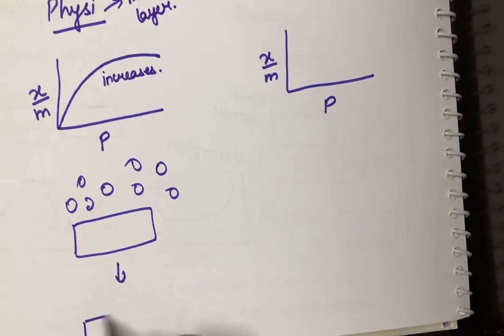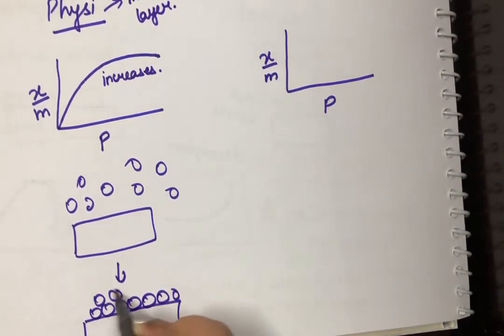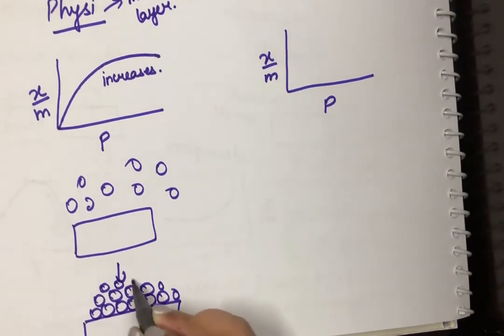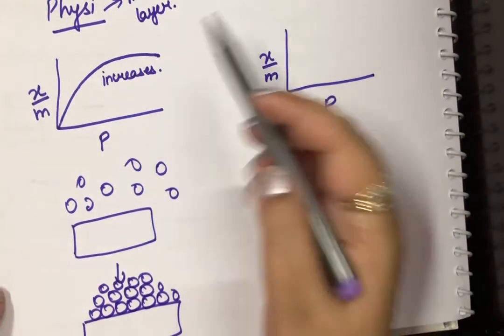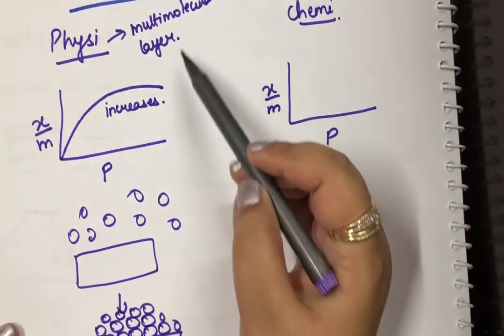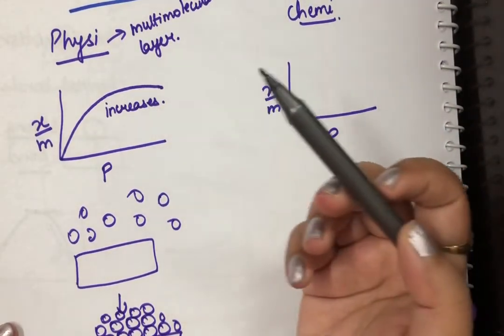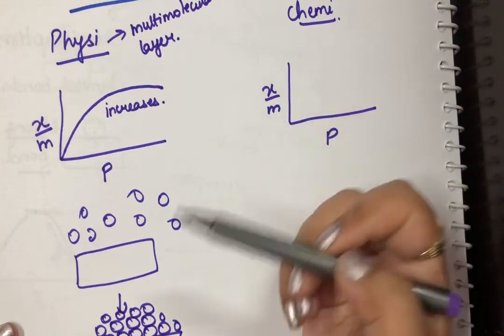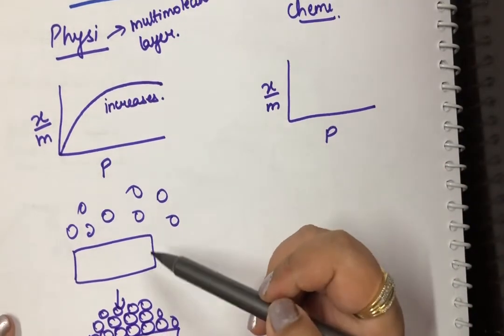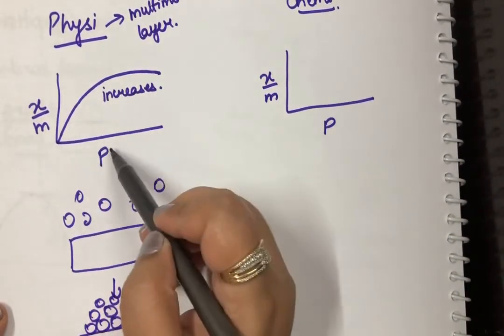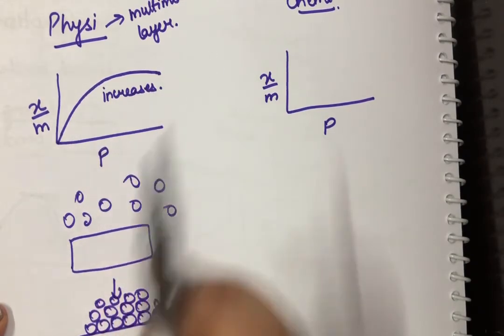If you are increasing the pressure, one layer can be formed like this and the second layer can be formed like this, and even if you are increasing the pressure, the third layer is formed. So the physisorption occurs by the formation of a multimolecular layer, since it is only talking about physical bonds which are not so specific, so they all can bond at once. So if you are increasing the pressure, the extent of adsorption goes on increasing.